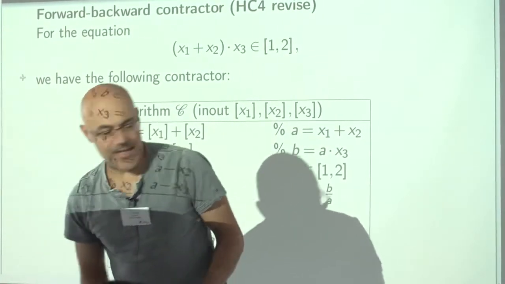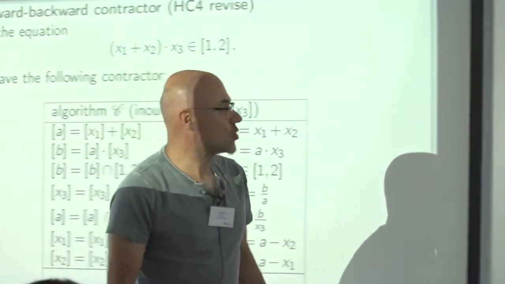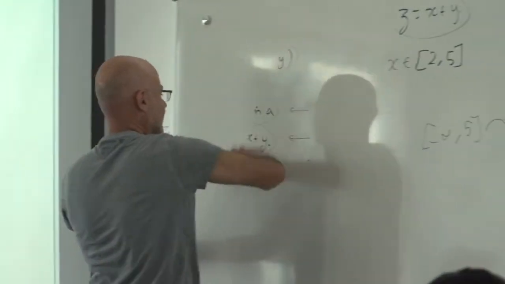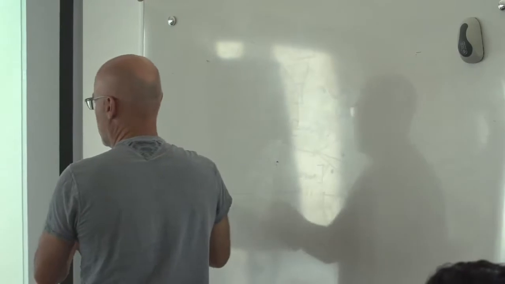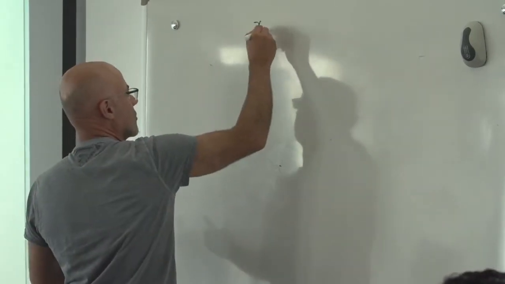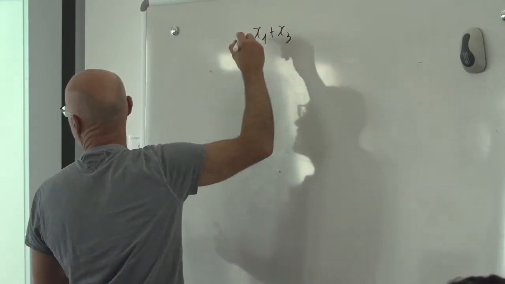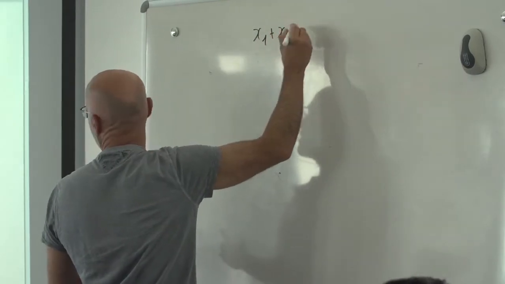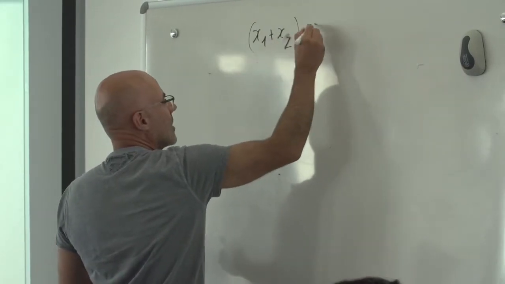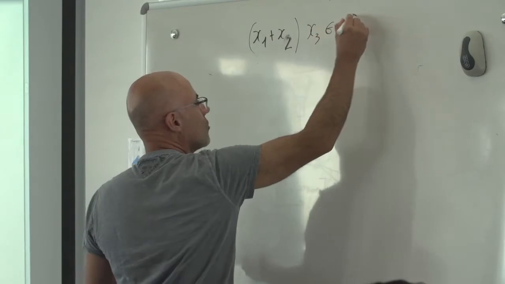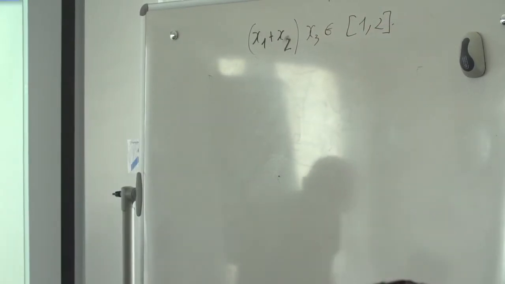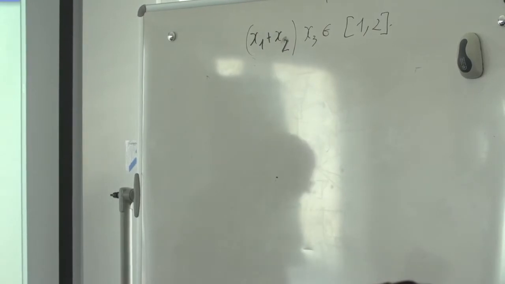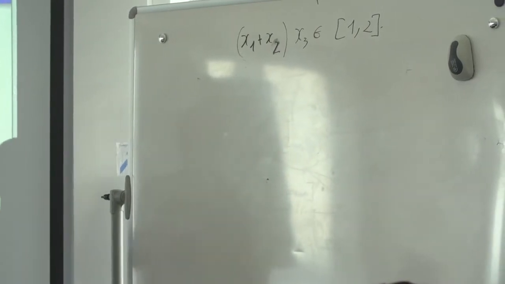So let me take an example just to show how it works. It is an algorithm we use. I take the constraint (x1 plus x2) multiplied by x3 belongs to [1, 2]. So I remove this so that you can understand how it works.